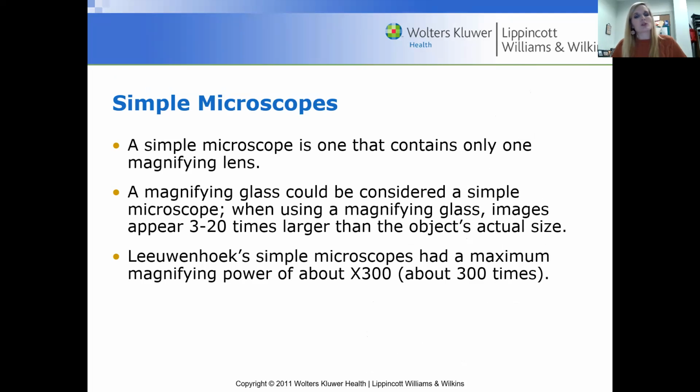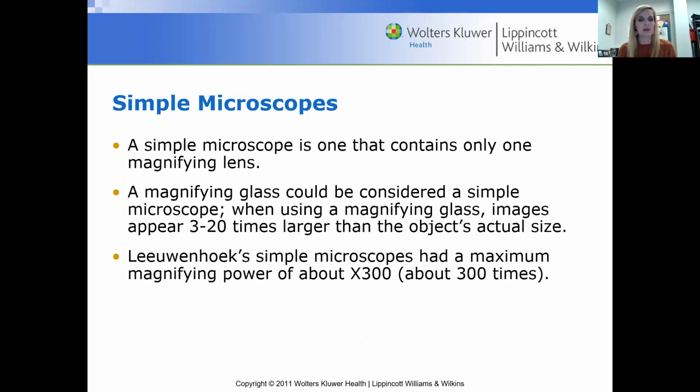He invented what was called a simple microscope. It's called a simple microscope because it only contains one magnifying lens. In fact, a magnifying glass itself, the lens you can hold to help read small, fine print in a textbook or a newspaper, would be considered a simple microscope because it only has one lens in it.